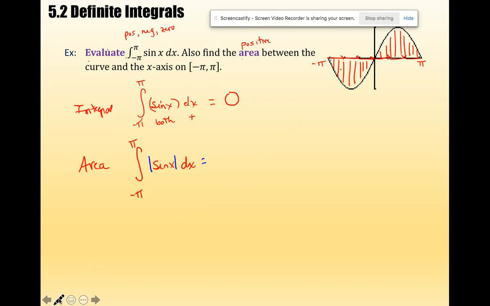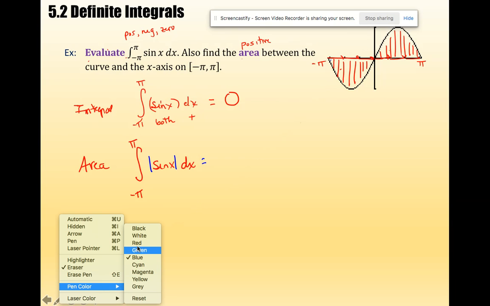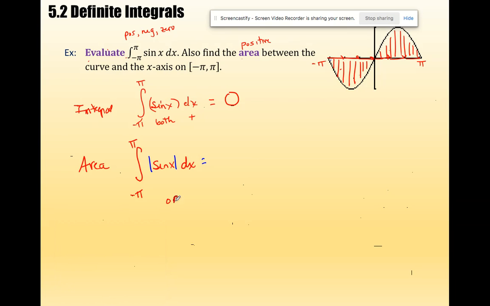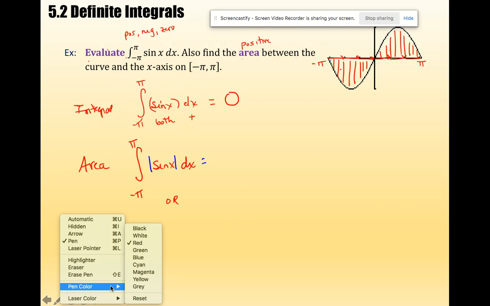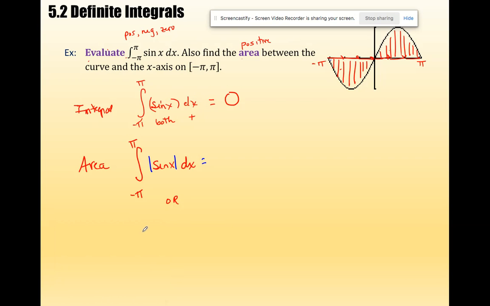Because of the beautiful symmetry, couldn't I just do this? Start at 0 and stop at pi.